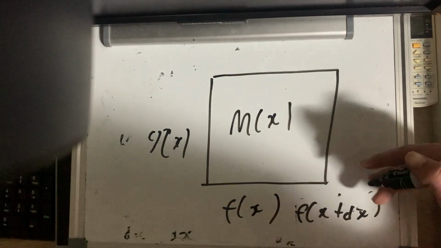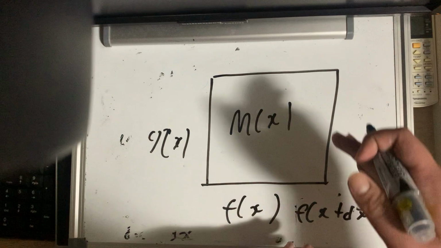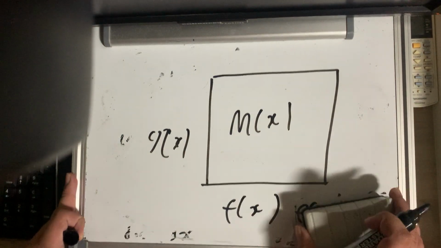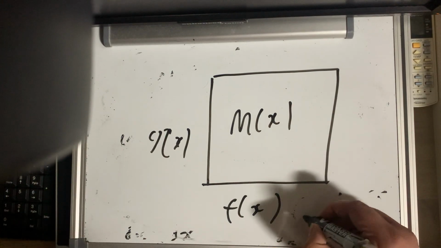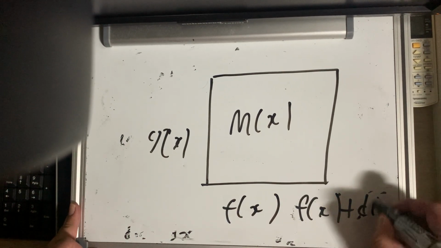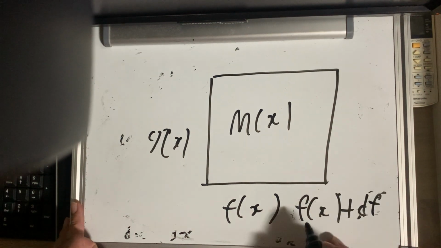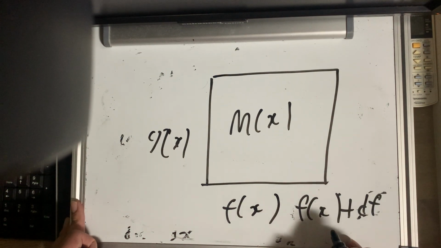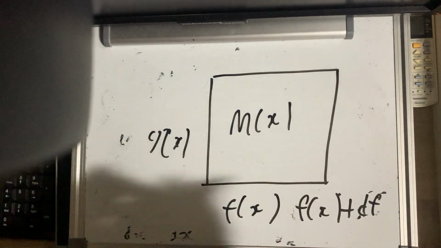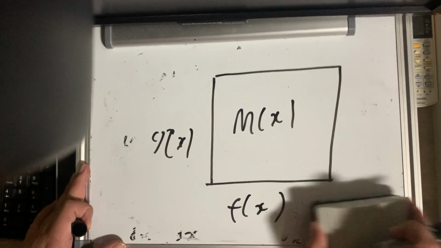Thus the output as a result will also be slightly nudged. And we can rewrite this thing as f of x plus df, which means a slight nudge in the output f. A slight nudge in the input will also cause a slight nudge in the output, so I can rewrite it like this. Okay?